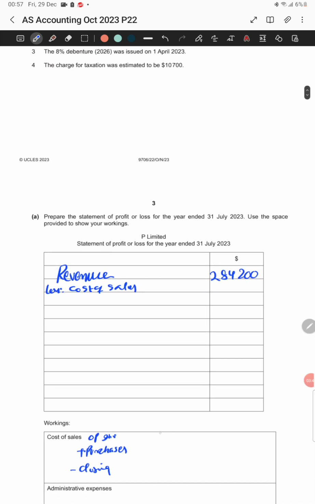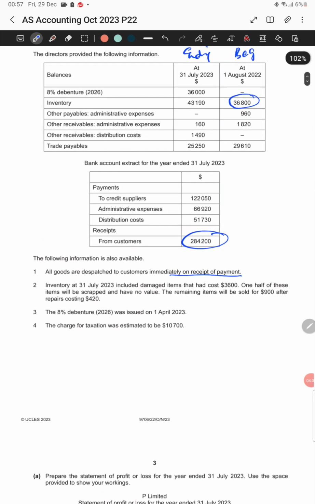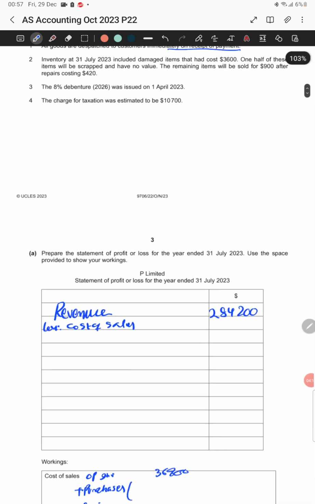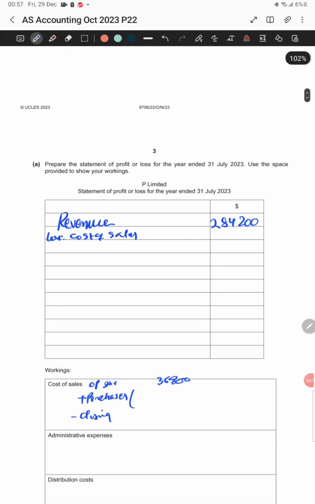We can write here 36,800 plus purchases. To calculate purchases, we will use trade payable ending, payment, and these three to calculate the purchases amount.